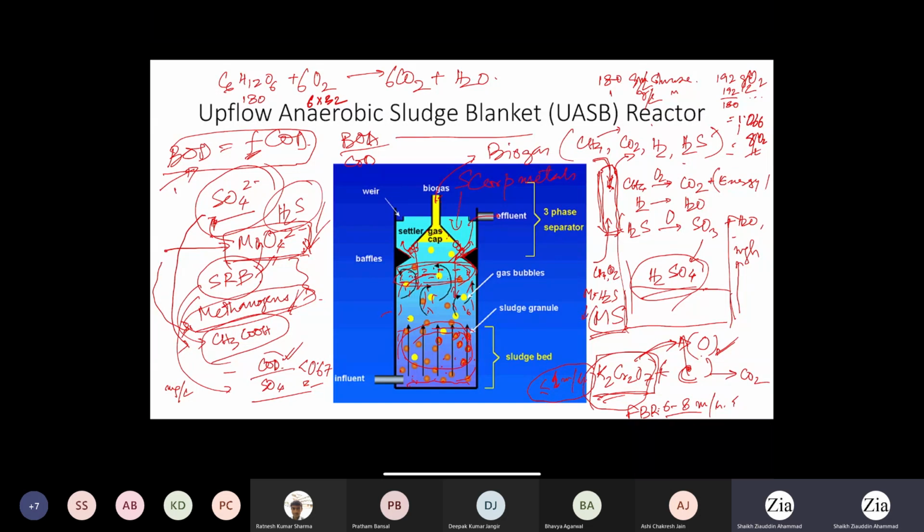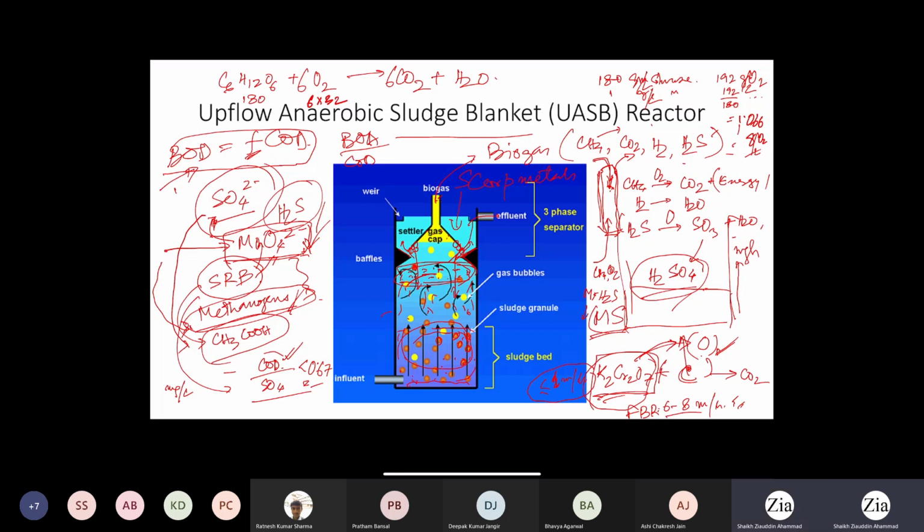Another problem with the fluidized bed reactor is that when you have very high circulation motion, the bacterial granules will have a lot of abrasion between them. One granule will rub the surface of another granule, and it can create disintegration of the granule because of the high shear present in the fluidized bed reactor.